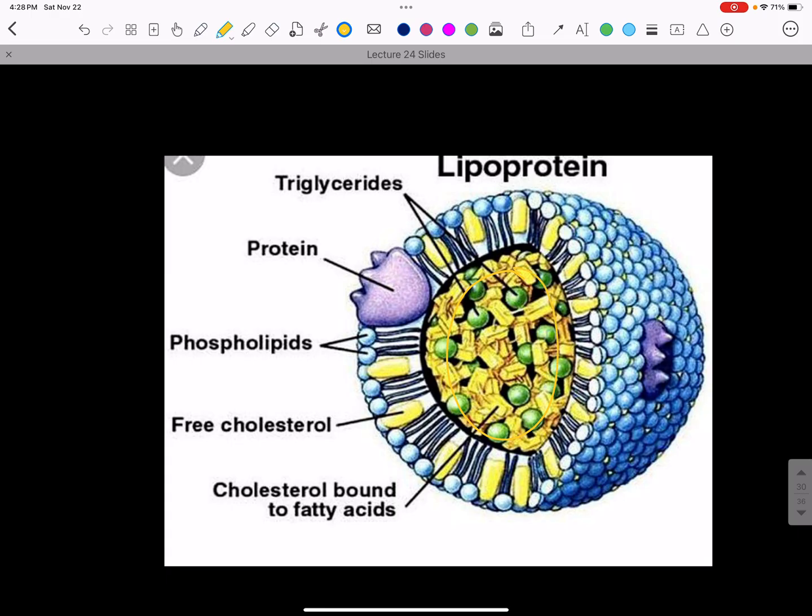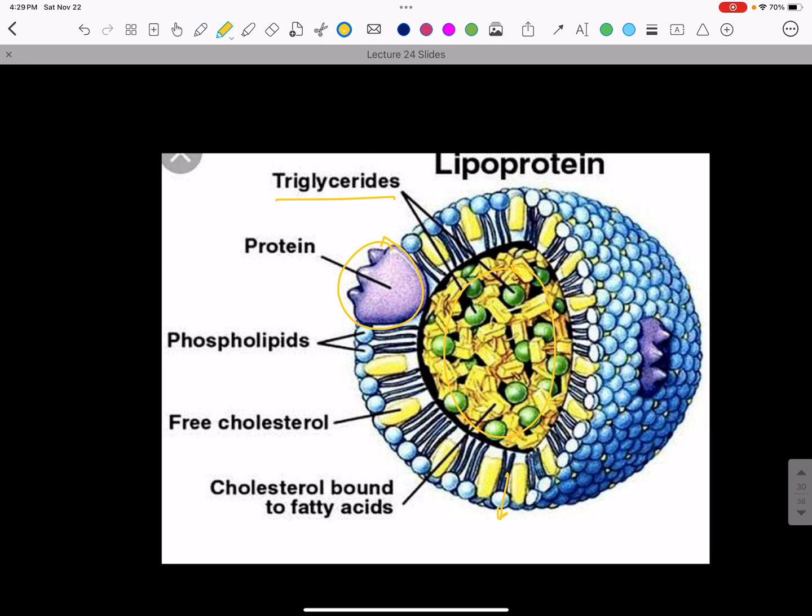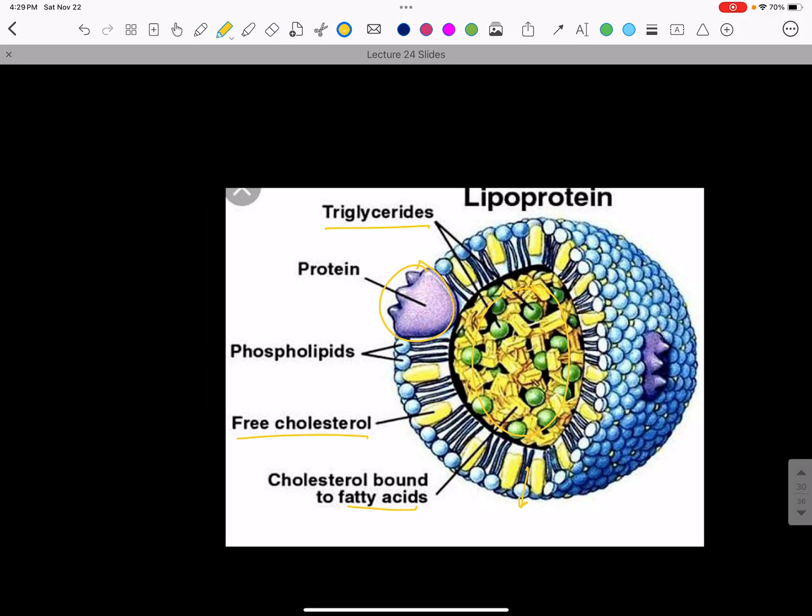The layer has specific proteins embedded in it, and they also have some amount of cholesterol, which makes it much more nonpolar. So these fatty acids are also bound to cholesterol, and that is how most of the fatty acids or triglycerides are encapsulated in the form of a lipoprotein, and this is how it gets transported in the blood.